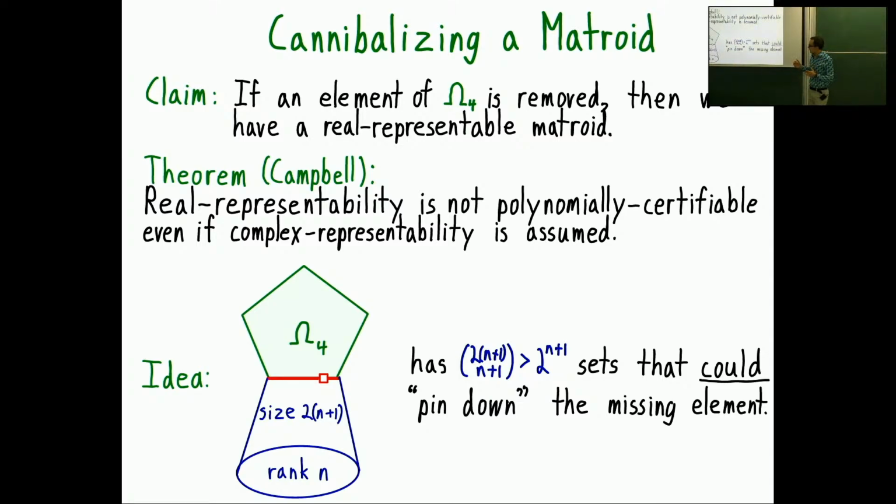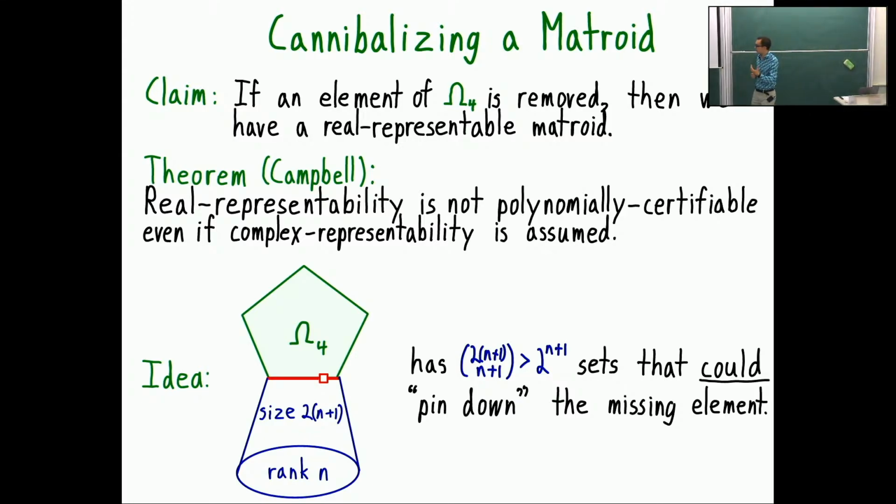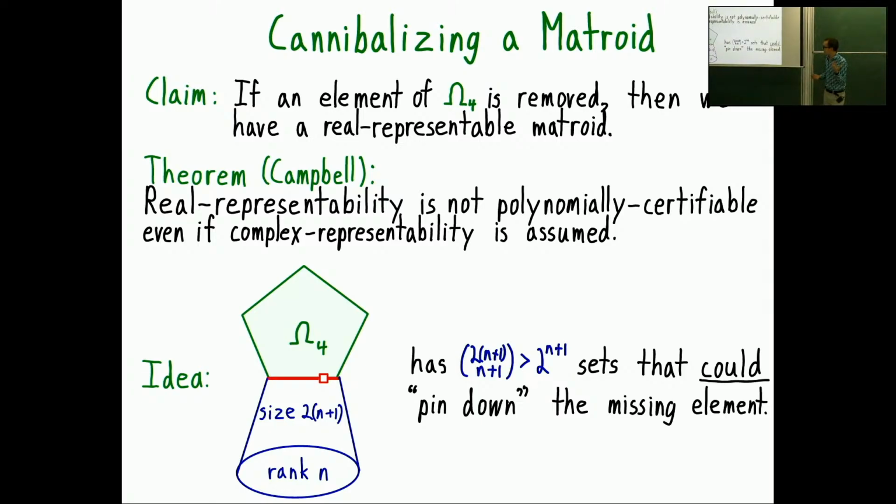So because we've freely placed a whole bunch of points in this flat, there are exponentially many collections of elements that could potentially point to the element that was removed.